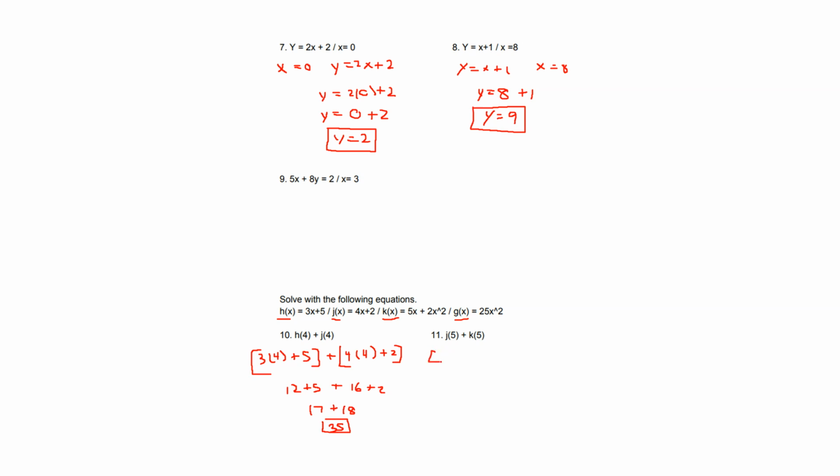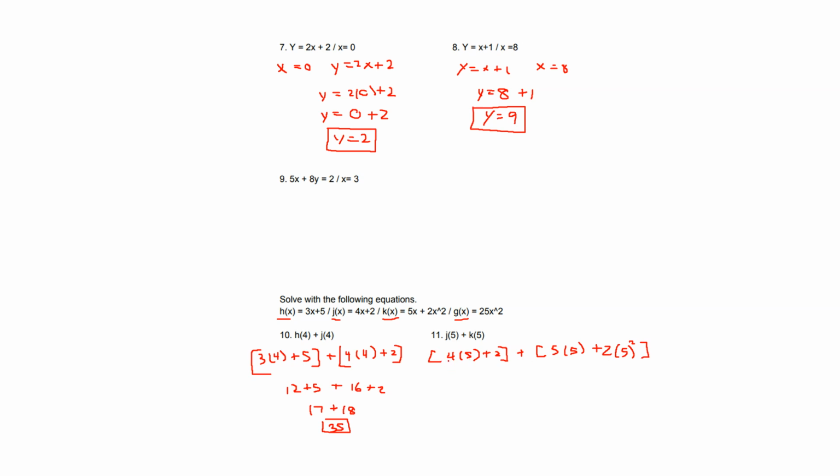We have j of 5 plus k of 5. So 4 times 5 plus 2 plus k of 5. So we're plugging in 5. 5 times 5 plus 2 times 5 squared.